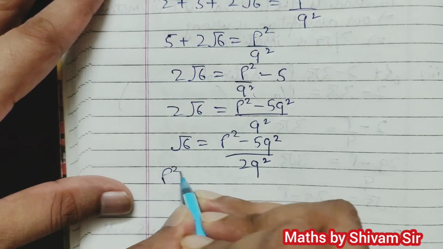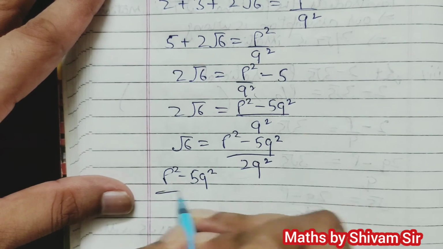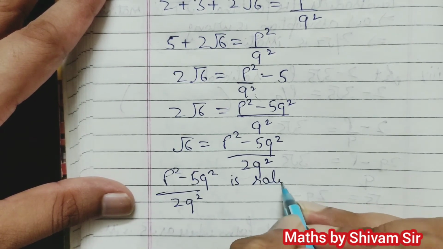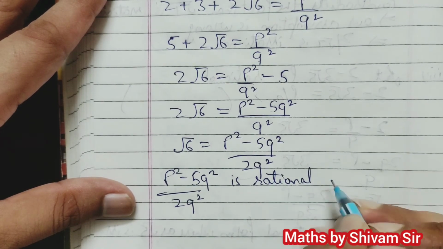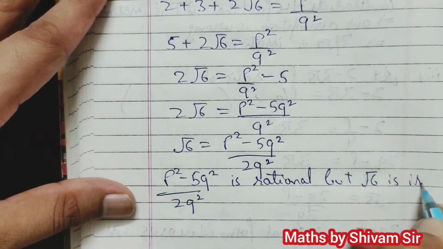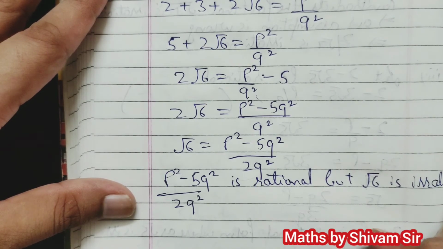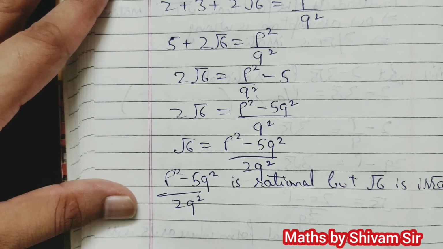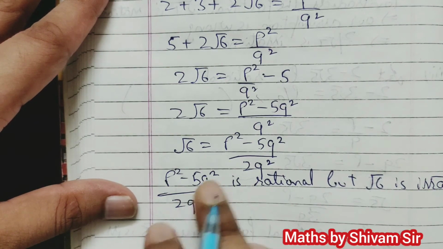So p square minus 5q square upon 2q square is rational. But we know that root 6 is irrational. So root 6 is irrational and this is rational.